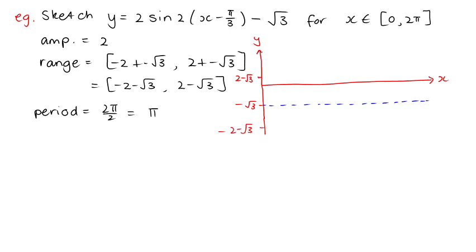Okay, where does a sine graph usually start? Oh, before we do that, we need to make our x-axis intervals. So we're going from 0 to 2 pi. So we'll make 2 pi over here. Halfway to that is pi.